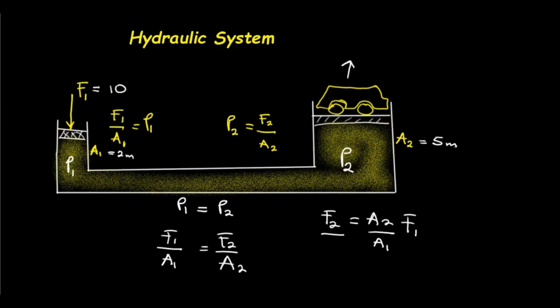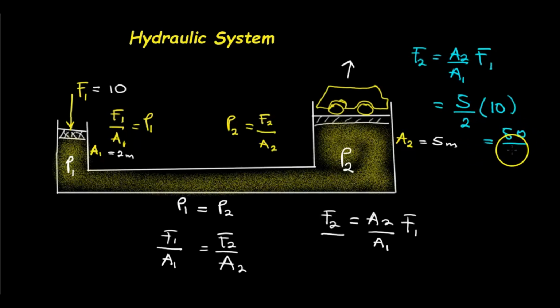So since we've obtained that F2 equals to A2 over A1 multiplied by the input force, I know I'm going to get my F2 to be A2, which is 5, divided by A1, which is 2, multiplied by F1, which is 10. So this is going to give me 50 divided by 2, and 50 divided by 2 is 25 newtons.